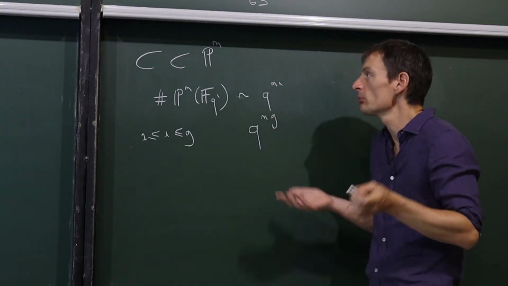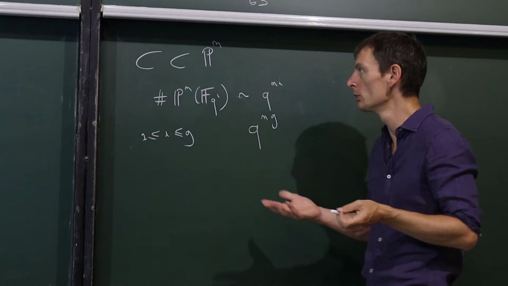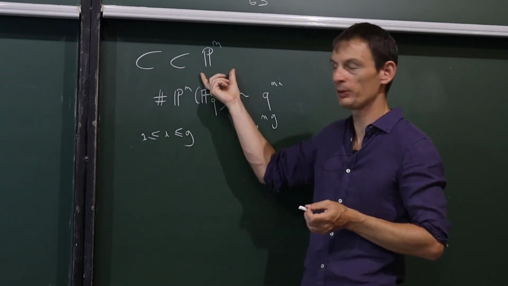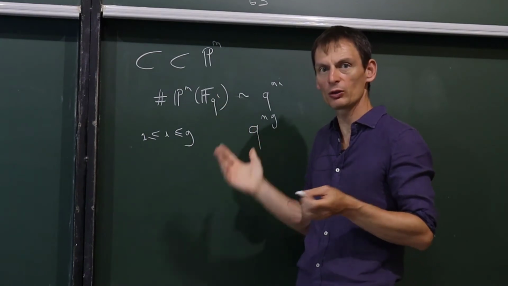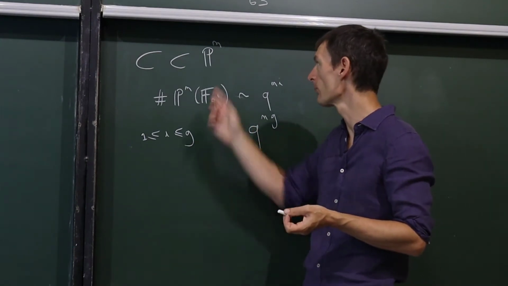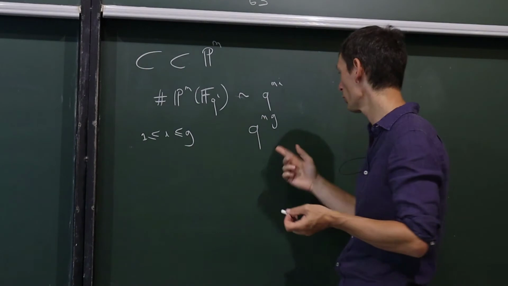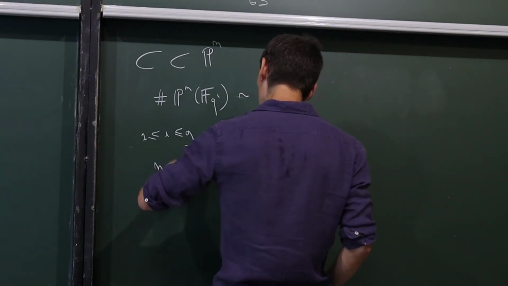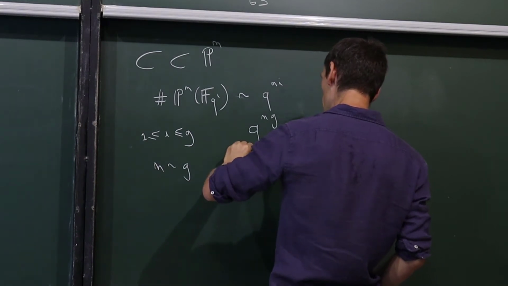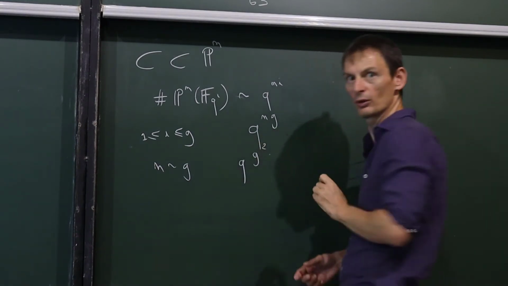If you don't have any smart way to embed your curve inside a P^n with n small, let's say if C is non-hyperelliptic, you're going to take the canonical embedding. So n is going to be g minus 1. So again, n might be close to g. So you would have something that is q to the g squared.